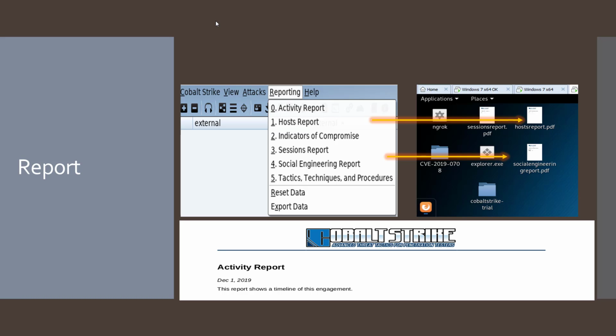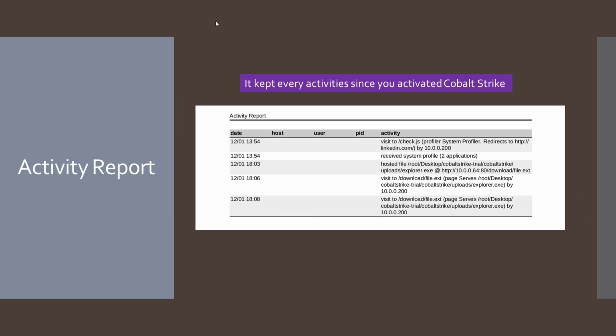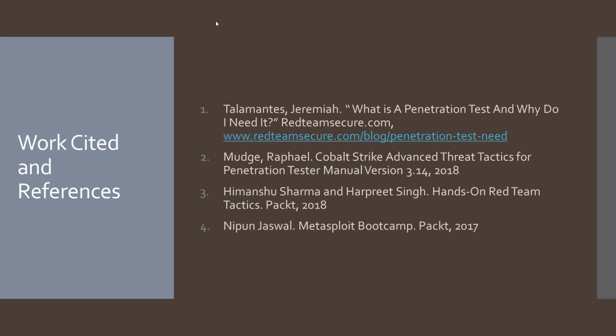So you can show the client, try to sell all these risks, build your case and make them pay more money, right? All the activity reports are based on the date that you start activating the system. This is the work site.